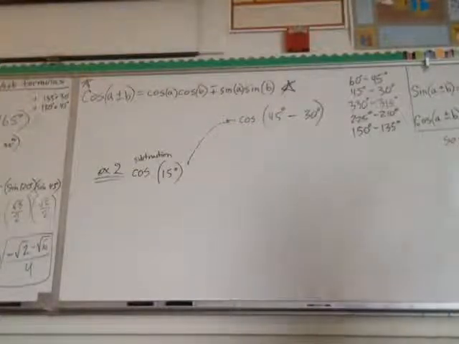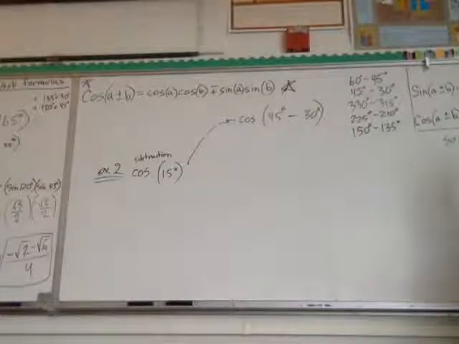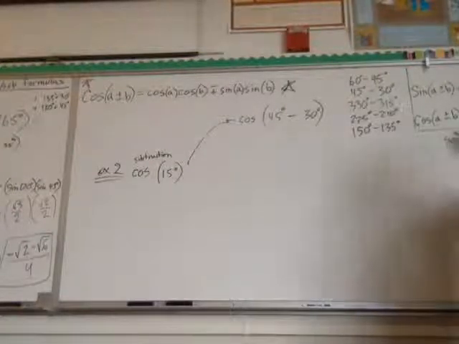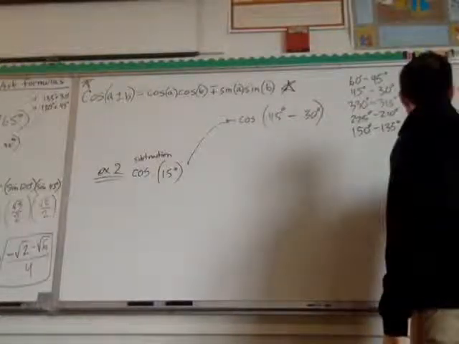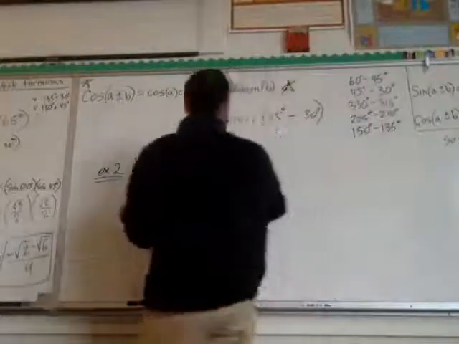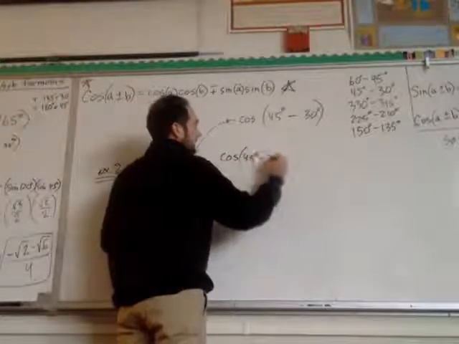How fast can you do it then? Probably really fast. So we're going to still use the cosine, right? Because we're doing subtraction, we have to just remember that we're going to do addition between the two products. So I'm going to go the cosine of this, 45 degrees minus 30.